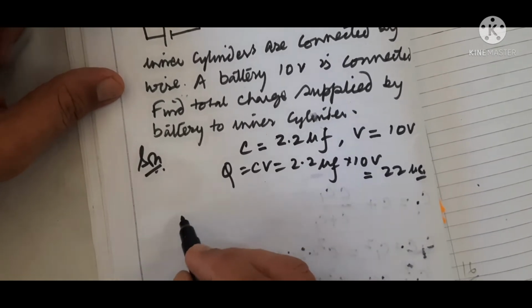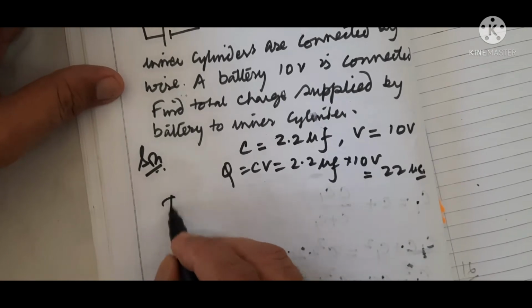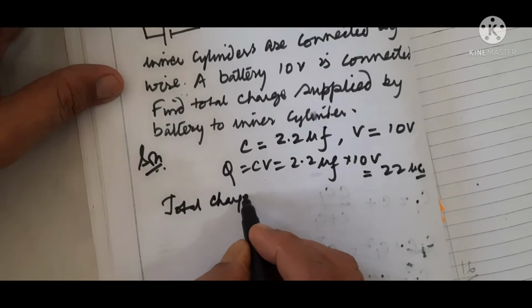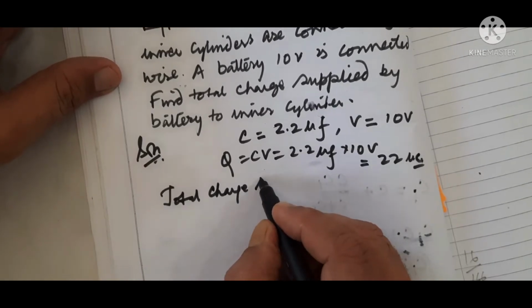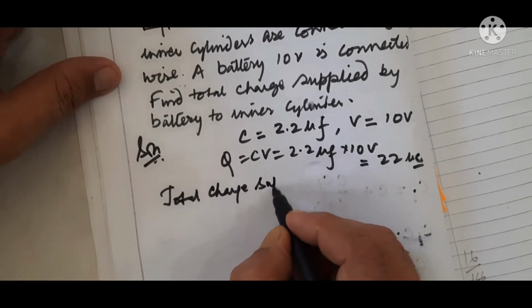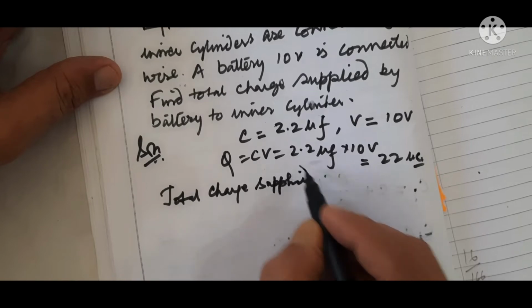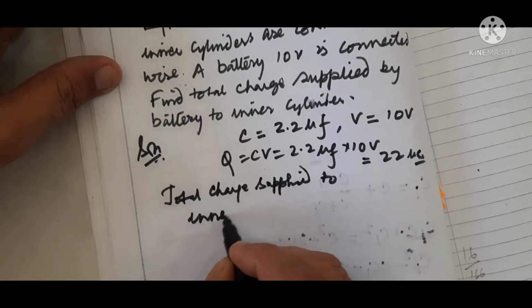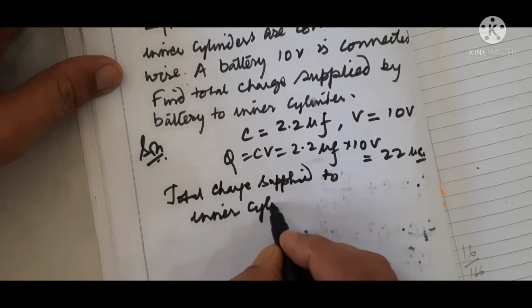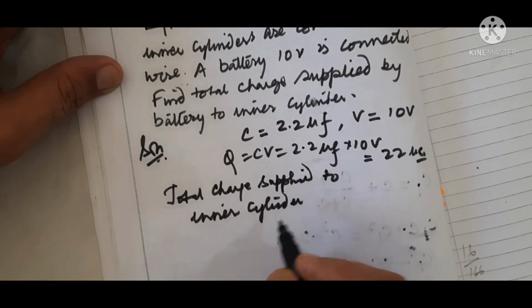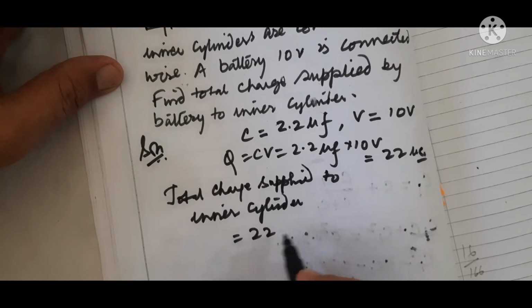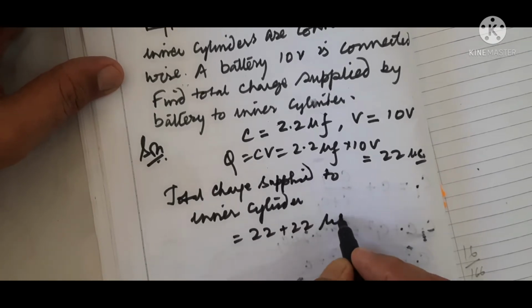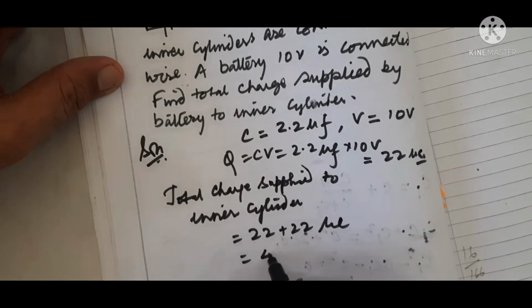So the total charge supplied or given to the inner cylinder will be 22 plus 22 microcoulomb, that is 44 microcoulomb.